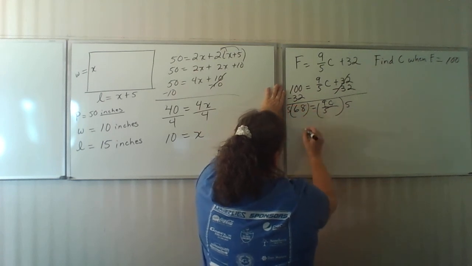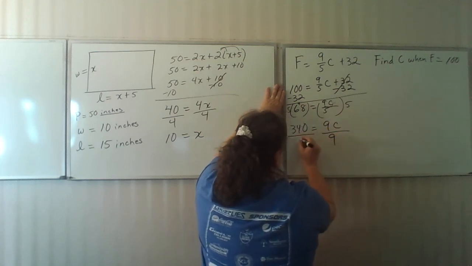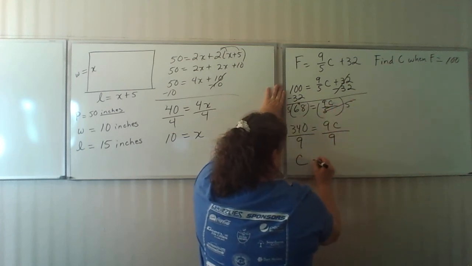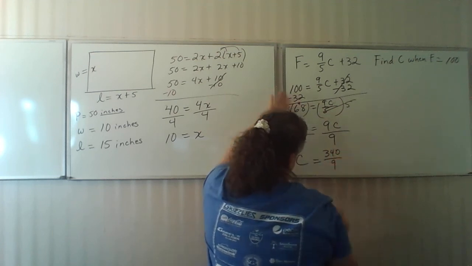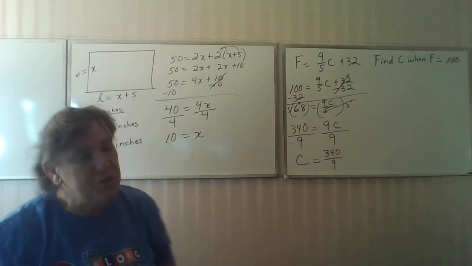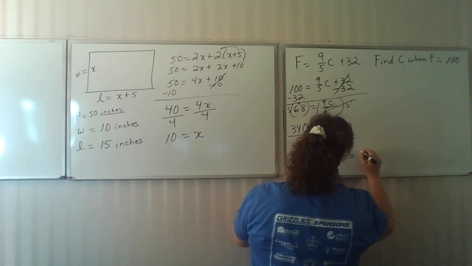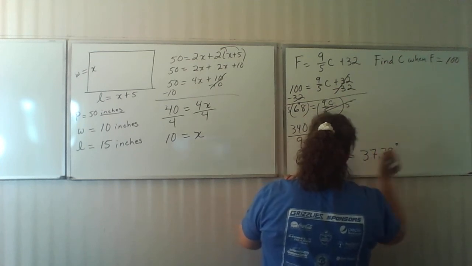And that's going to give me 40, carry my 4, 34, 340 equals 9C. And then divide by 9. So my C is equal to 340 over 9. And that really doesn't reduce, so I'm going to let you use your calculator to get an approximation of 37.78 degrees.